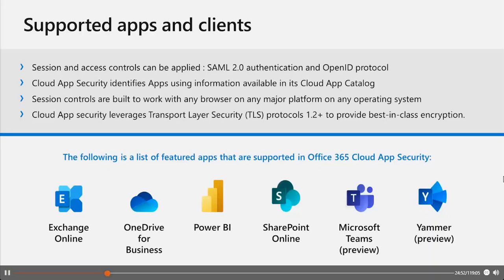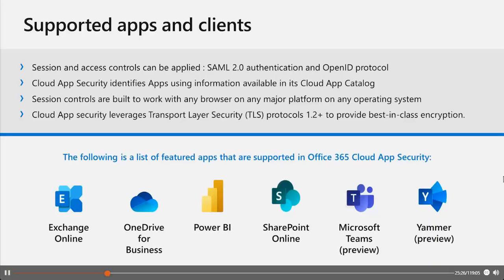By natively integrating with Azure Active Directory, any app that is configured with SAML or OpenID Connect, you can onboard any app yourself. In addition, the following apps are featured by Cloud App Security. To give you a few examples, you can use AWS, you can use Box, Concur, you have the Microsoft Office Suite, Exchange Online, you have SharePoint Online, Teams, for example, is in preview at the moment.